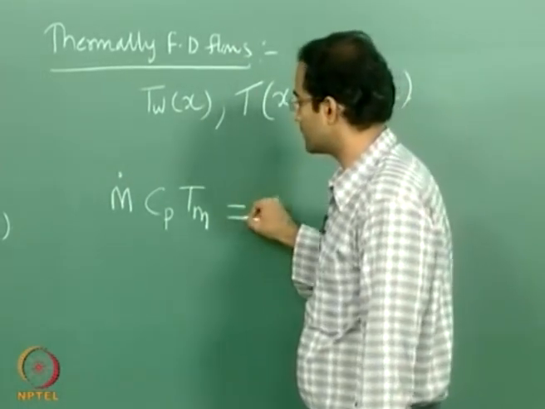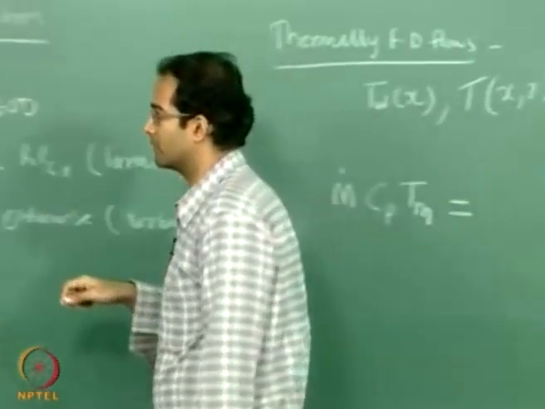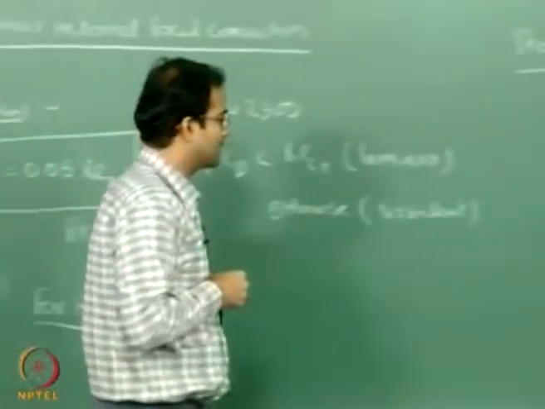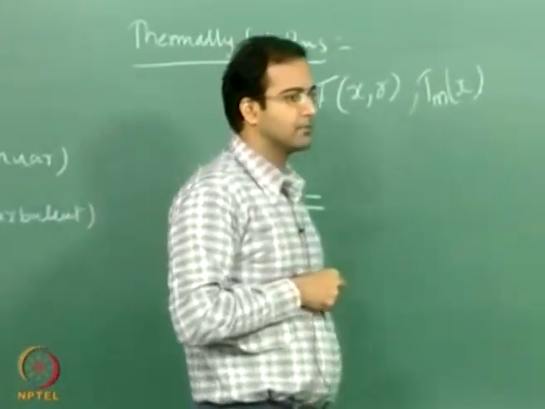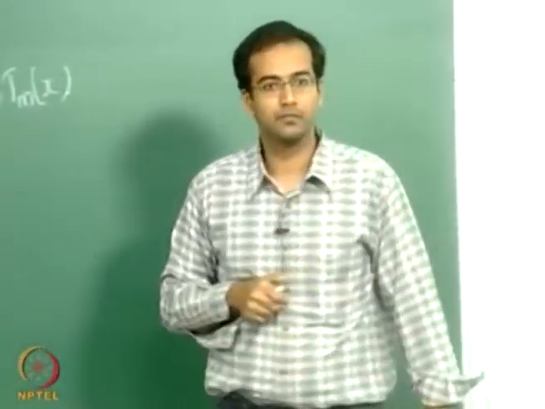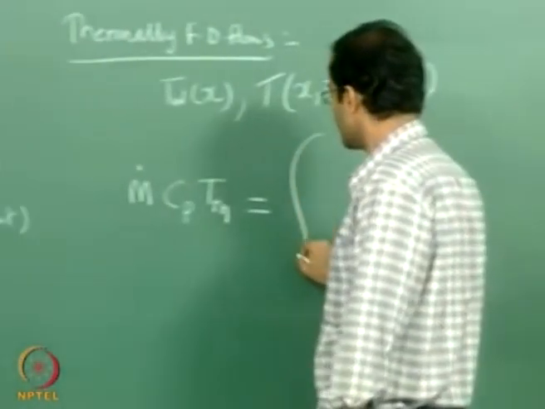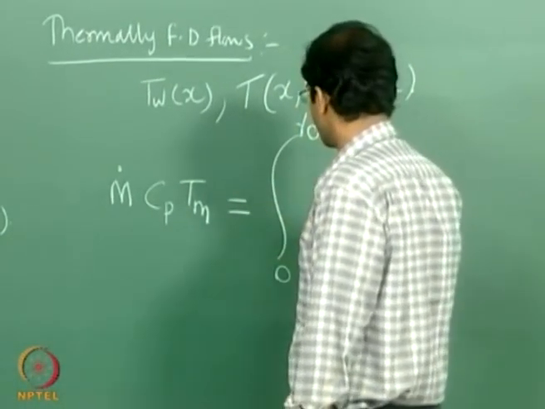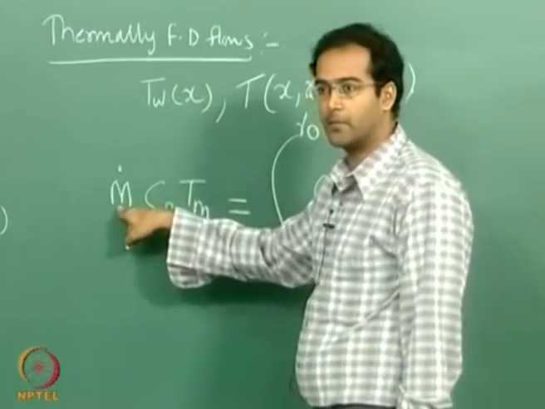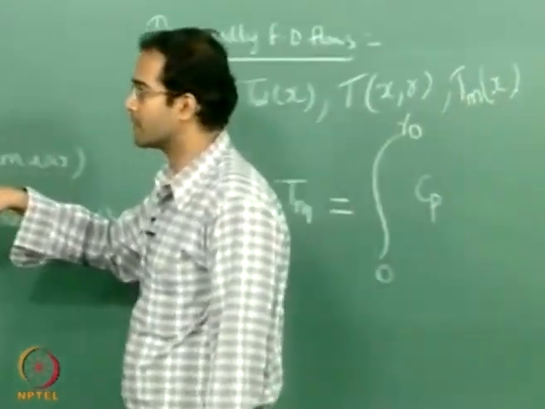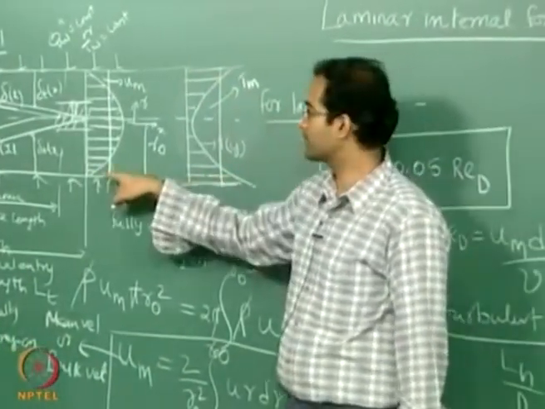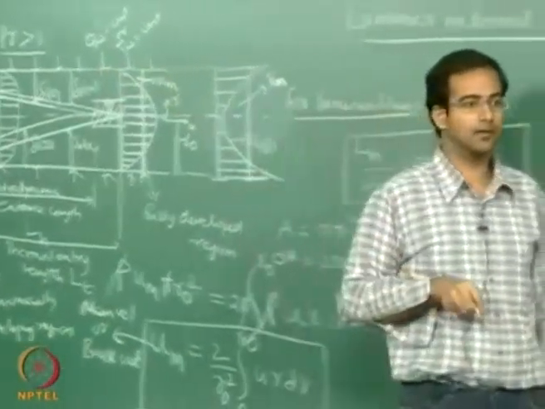Now that should be equal to the enthalpy of this varying profile. How do you calculate the enthalpy of that? Integral 0 to r naught, so Cp. My m dot now will be, now there is a velocity profile also here. Please remember, corresponding to this temperature profile, there is a parabolic velocity profile.